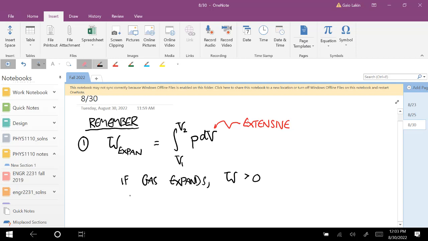And if the volume decreases, then W is negative. Negative work is done on the surroundings by the gas, or you could say that the surroundings do positive work on the gas.